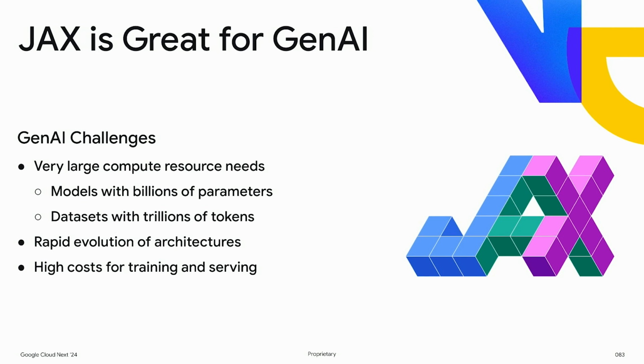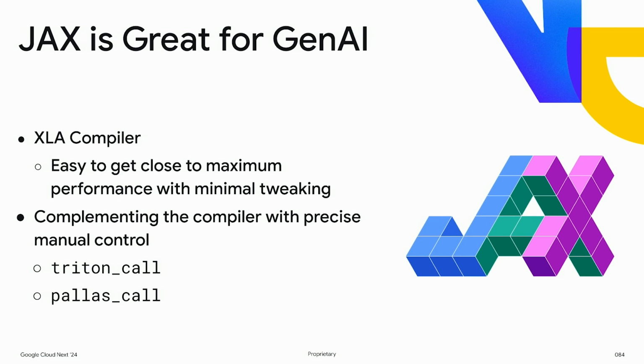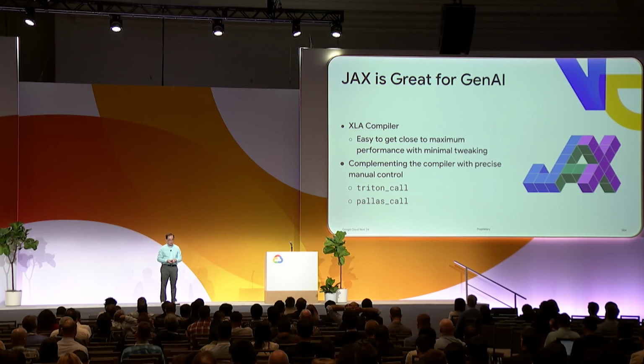So we have all those challenges. How do we meet them? At Google, we meet them with JAX and the XLA compiler, which is the central part of OpenXLA, a community project with a whole bunch of partners that we talked about earlier. And you can take JAX and apply a lot of optimizations with Triton and with PAX.